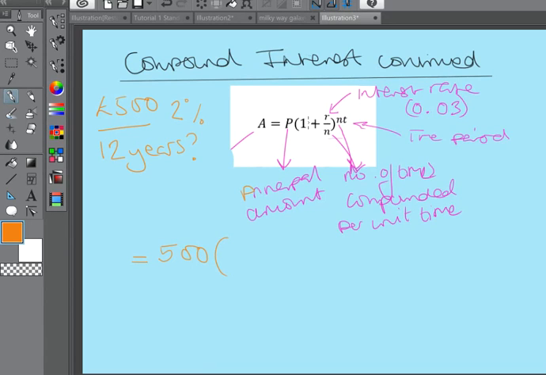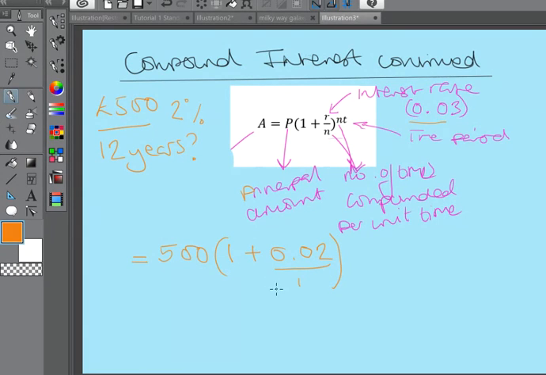Now our 1 essentially means 100%. I already said that our interest rate has to be converted to a decimal. So this is saying it's 100% of that 500. That's what we're starting with. Plus, and our interest rate is 2%. Now, I'm going to say that it's just compounded once every year, which means that would be divided by 1.